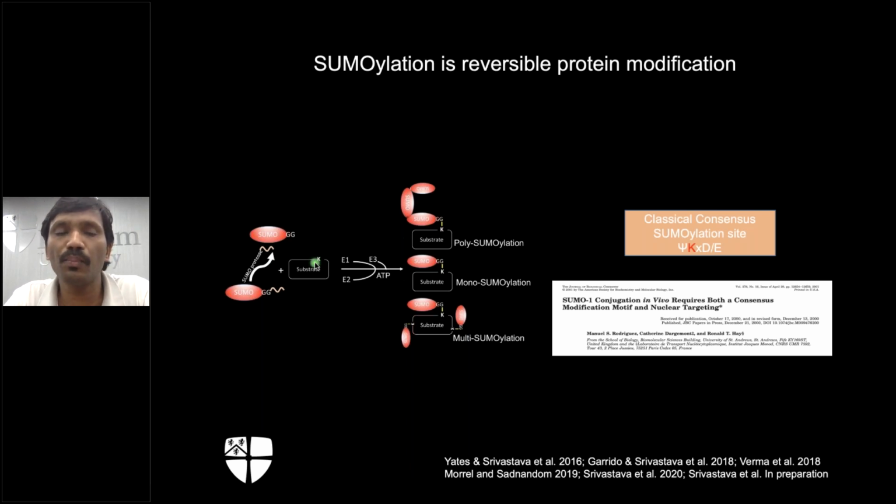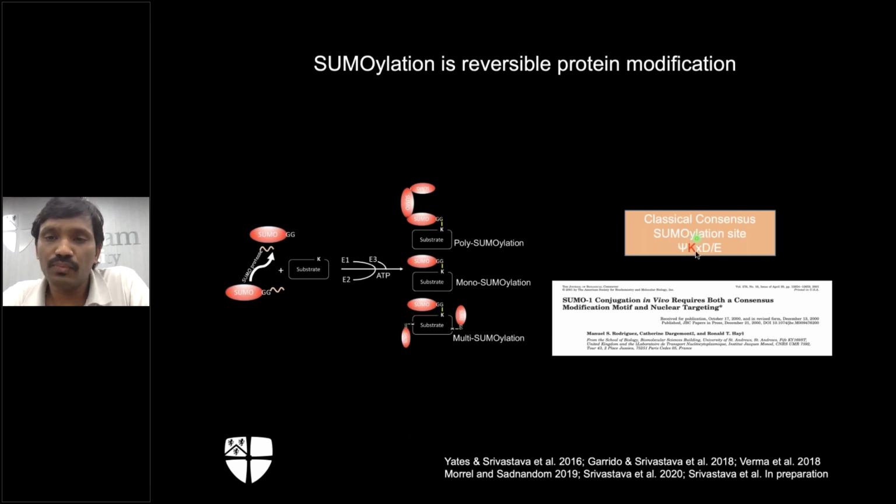was very well investigated 20 years back in the Ronald lab in Edinburgh, and he has shown that this is the classical motif, where you can see lysine with aspartic acid and glutamic acid required, surrounded by aspartic acid and glutamic acid. The biggest challenge we face in the SUMO field is identifying this lysine.